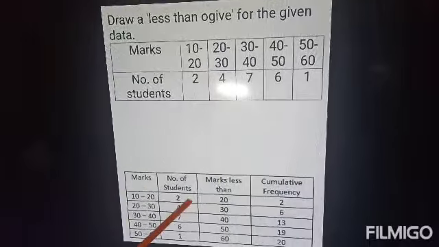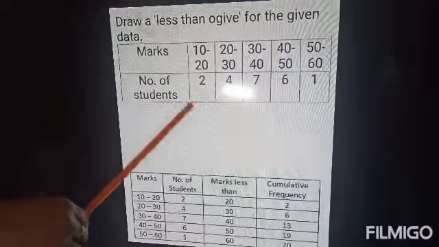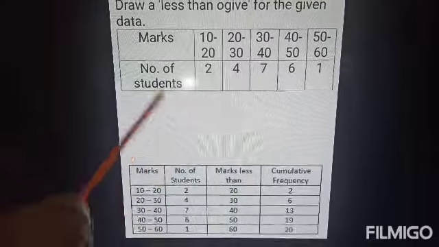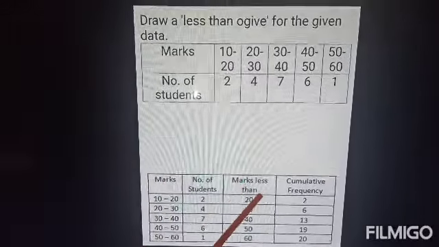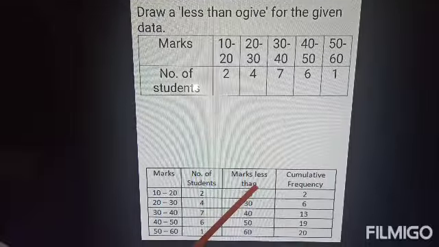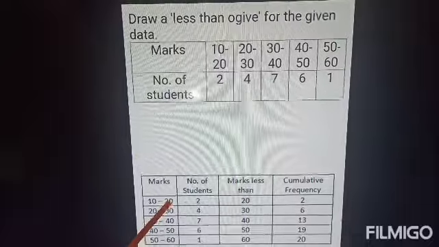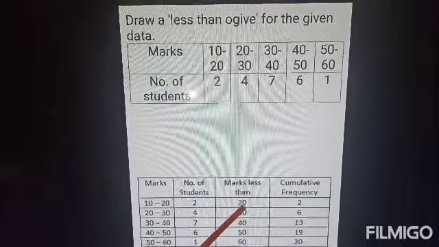Students, now we have to prepare this table from the given class interval and the frequency. Now, these two, as usual, given in the question, we have to make 2 columns. Then the third column is marks less than. Here, less than means 20 is the upper limit. So we have to take less than 20.